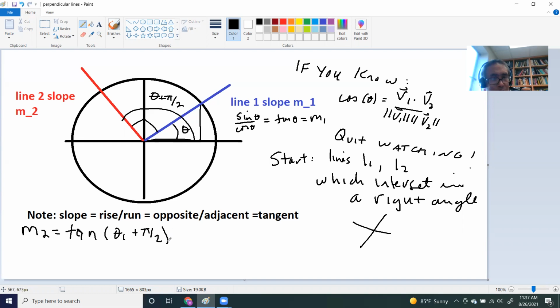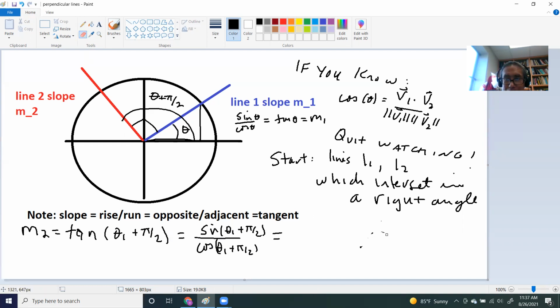Now let's rewrite this as sine of theta 1 plus pi over 2 over cosine of theta 1 plus pi over 2. I am going to pull a little bit of trig out here. I'm going to erase this because it doesn't really add much. But let's finish this up.